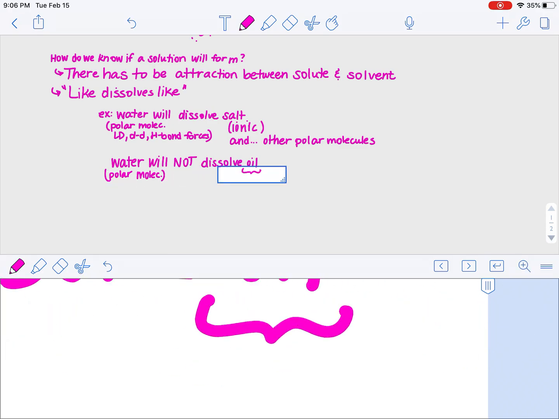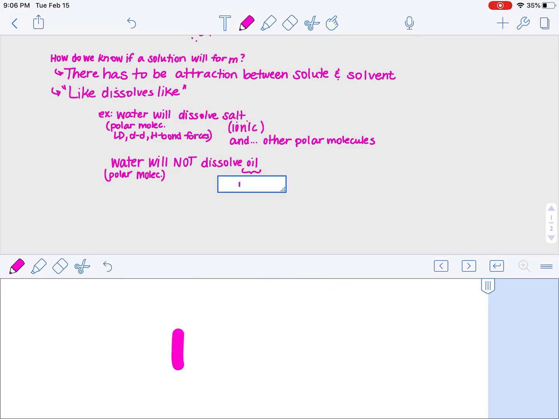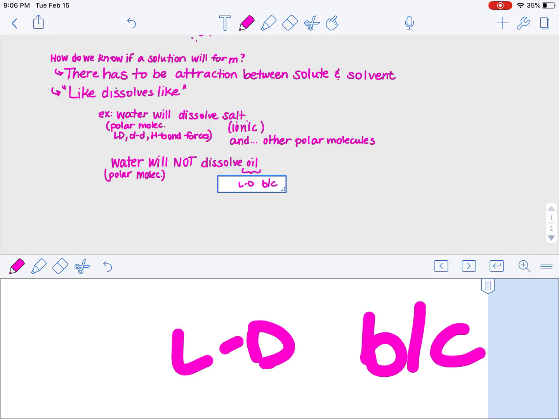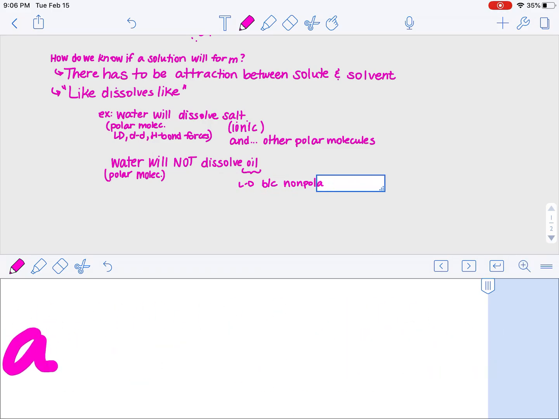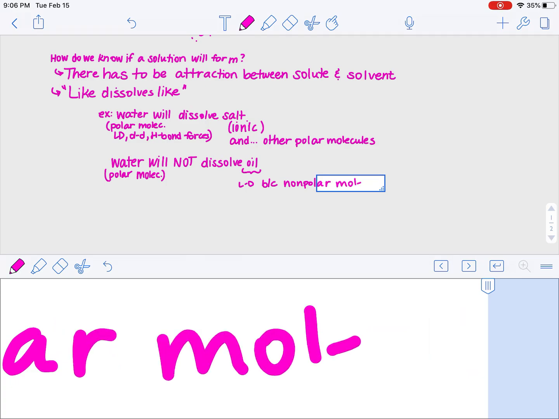What does that tell us about the attractive forces of an oil? The only thing it's got going for it is London dispersion forces, and that's because it's a non-polar molecule, and our slogan is like dissolves like. So a polar molecule will not dissolve a nonpolar molecule because they are not similar. They are not alike.